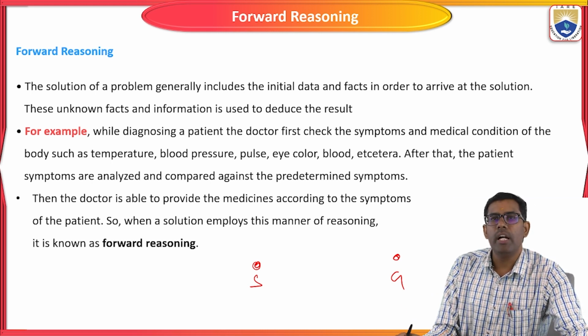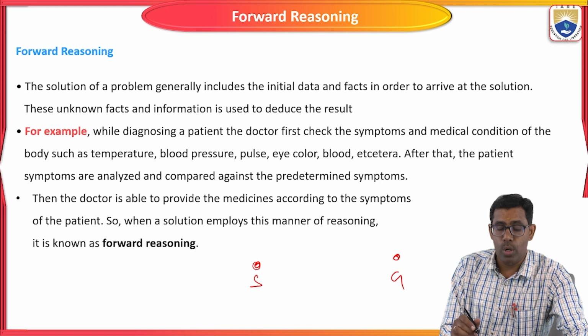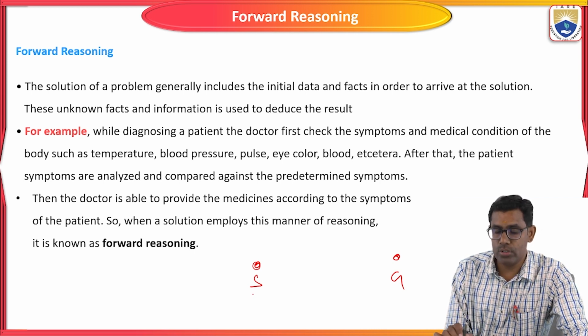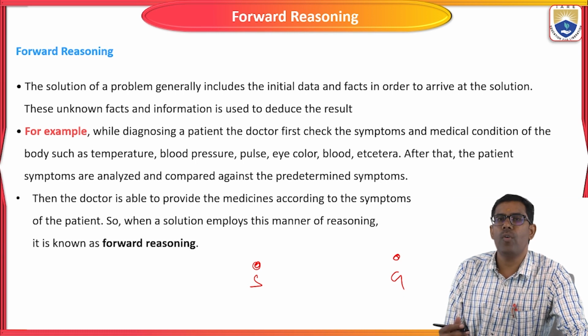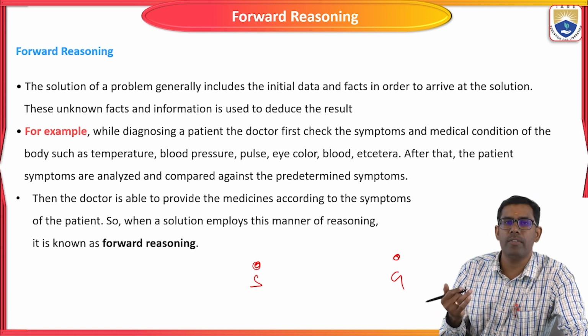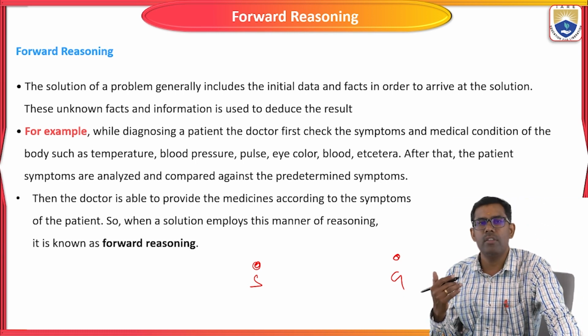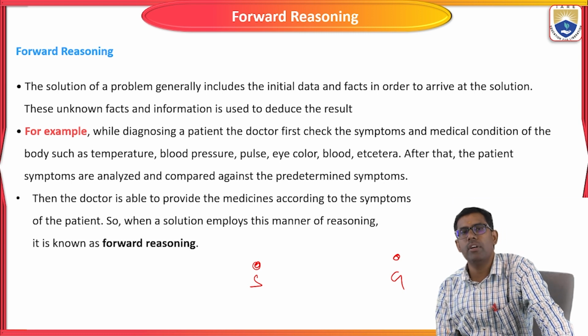Now I want to move from the source to a destination, from the starting state to the goal state. If you give a problem statement to the machine, what will it think?